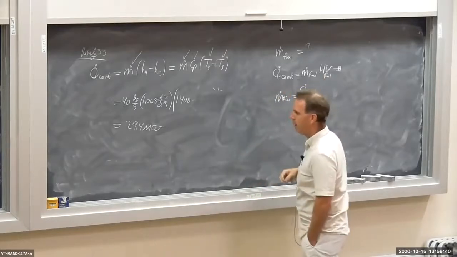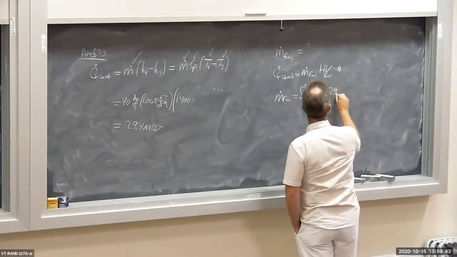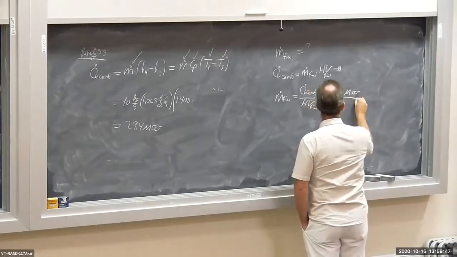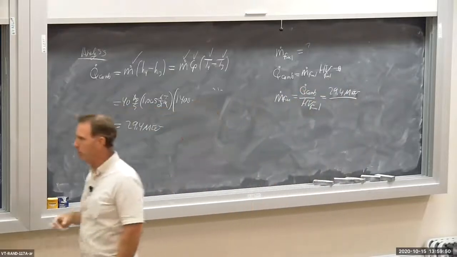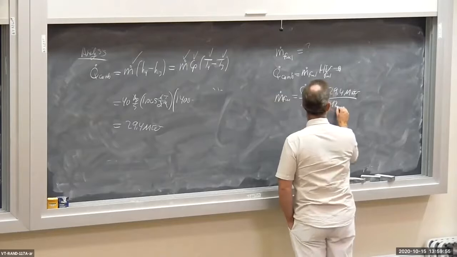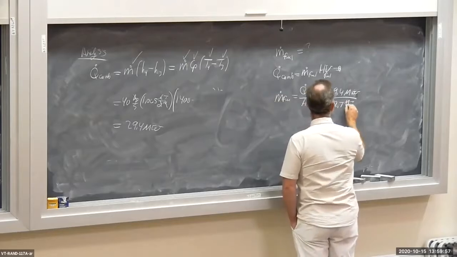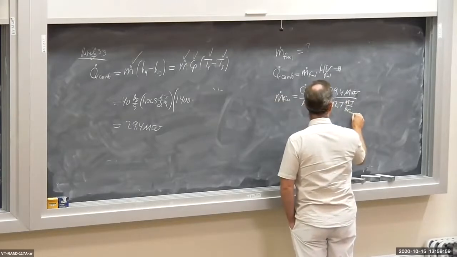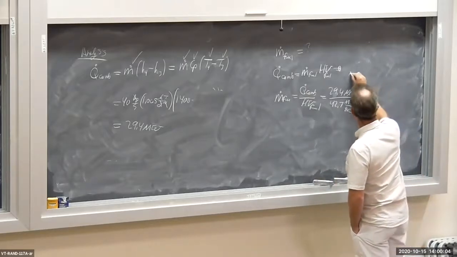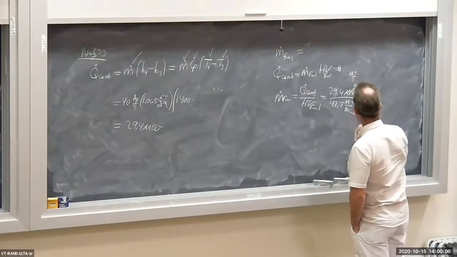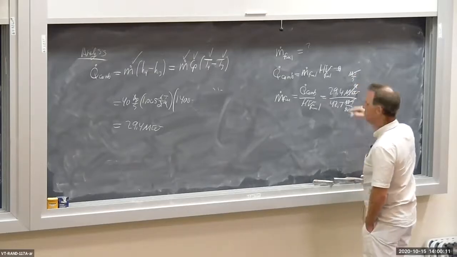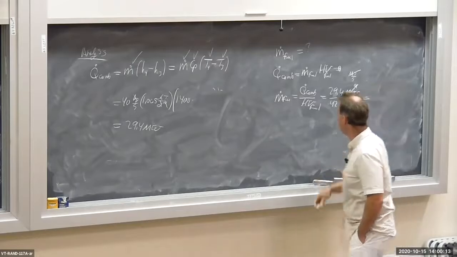Now we have Q dot combustion is 29.4 megawatts, and the heating value is 42.7 megajoules per kilogram of fuel. Of course, a megawatt is a megajoule per second, so the megajoules cancel out, and I get kilogram per second of fuel.